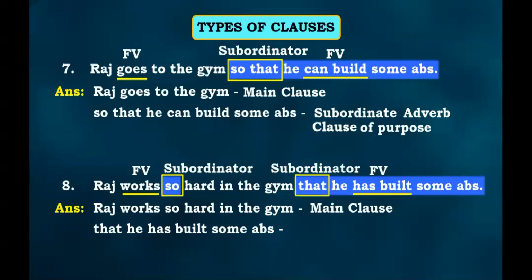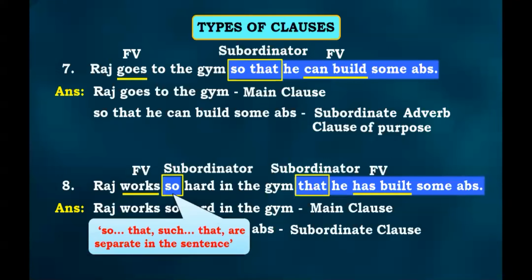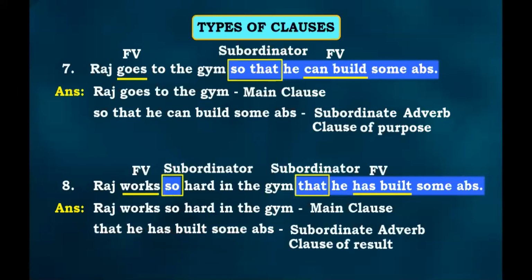Likewise, Raj worked very hard and therefore he has built some abs. Very clear with this? So when so that, such that are separate in the sentence, it is subordinate adverb clause of result. Okay, guys? I hope you have no doubts here.